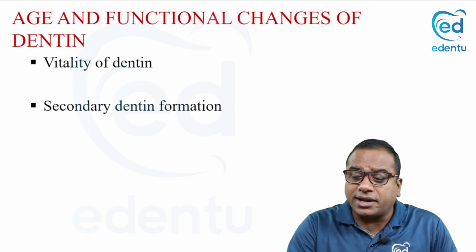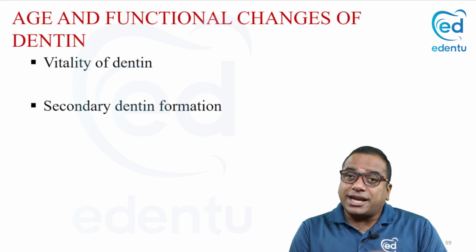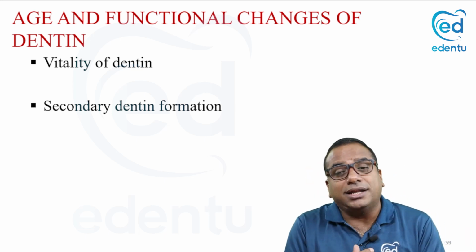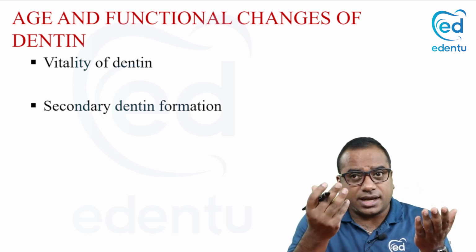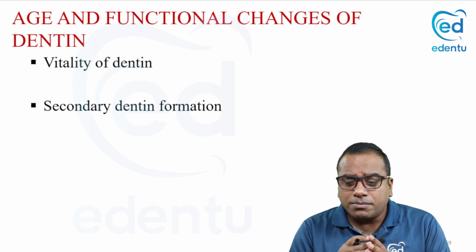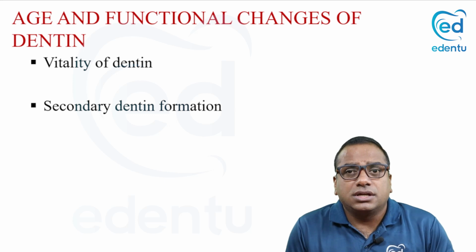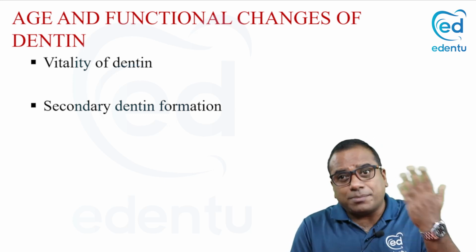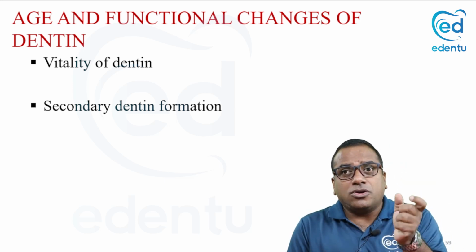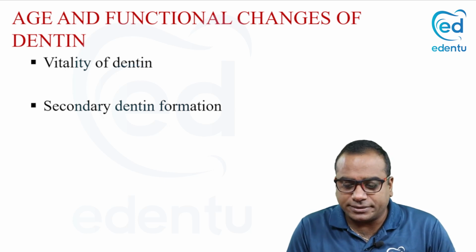The next one is secondary dentin formation. Secondary dentin resembles the primary dentin in structure. Primary dentin and secondary dentin we have discussed, but the difference is that secondary dentin has fewer tubules.